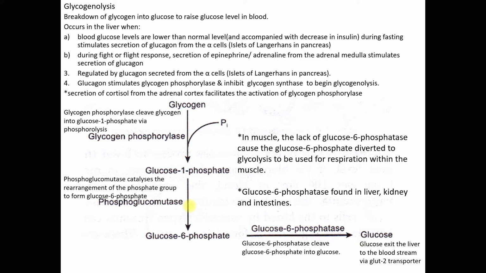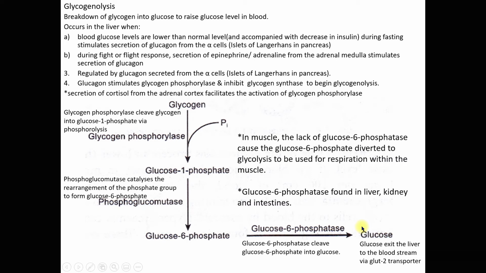So now from here you can picture that a complete glycogenolysis occurs in the liver as well as the kidney and intestine because of the presence of this glucose 6 phosphatase. And the outcome of this glycogenolysis is glucose.